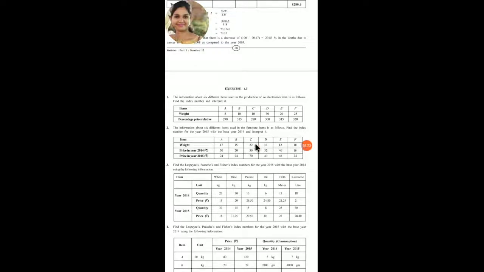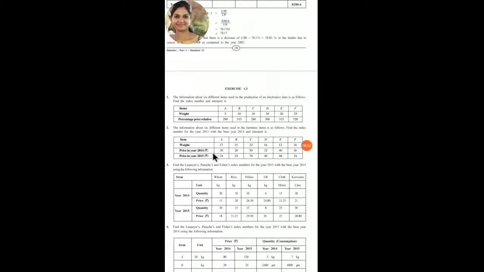We will do the total of this column. Very important and very easy, just a confusion here: price is given for 2014 and price for the year 2015. This is the current year price, so this is P1, and that is P0. In the earlier question I was directly given, the percentage price relative, but here we have to find the I first.